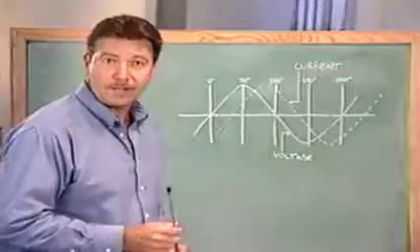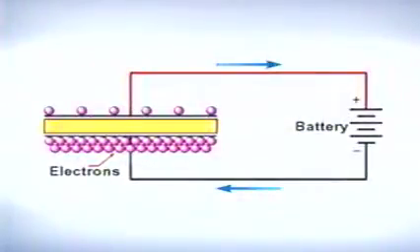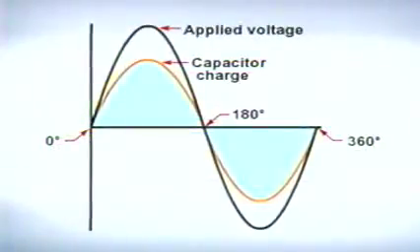in AC circuits. In addition to induced voltage, capacitors also have an effect on the relationship between current flow and voltage in AC circuits. Capacitors are designed to store electrons and are commonly found in the circuits that control the operation of electric motors. Capacitors charge and discharge at the same rate as the voltage applied to the circuit.